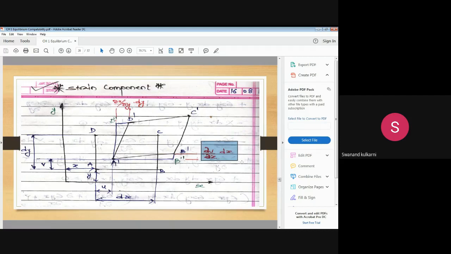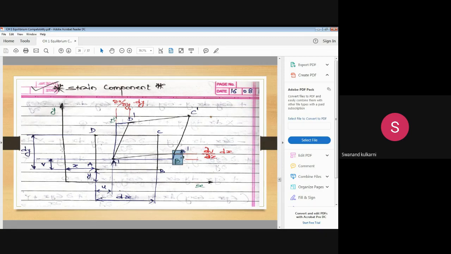We should understand why we are considering the term dou v by dou x: v is the displacement along y direction, but the partial differentiation is taken with respect to x for this b dash b double dash, because b dash b double dash or d dash d double dash is considered as the shear part. That's why the reference of v is x and the reference of u is y here, that we should understand.